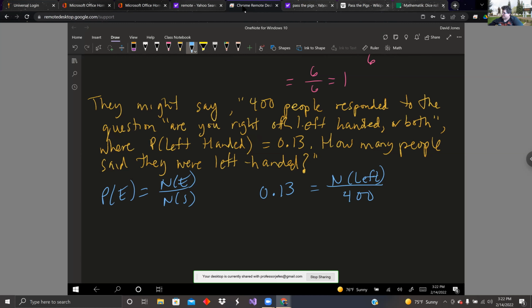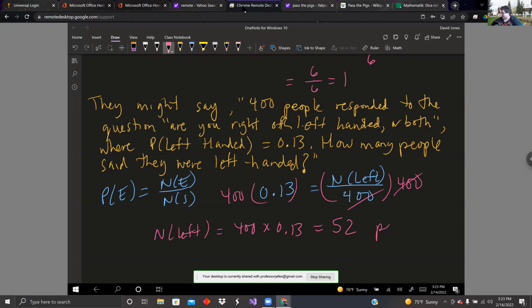If I multiply both sides by that 400, the 400 goes away on the right, and I'm left with the number of left-handed people equals 400 times 0.13, which is 52. So 52 people said they were left-handed.